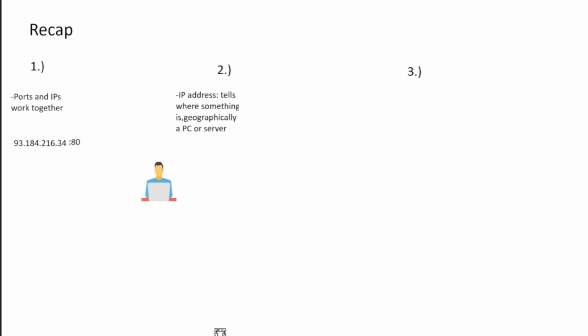Okay, let's sum that up real quick. Ports and IP addresses work together. In our example, we have the IP 93.184.216.34 and port 80, which are usually combined with a colon. The IP address tells us where something is on the internet, geographically. The server has an IP address, but so does our own computer.